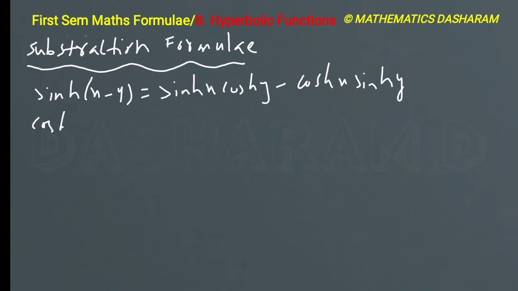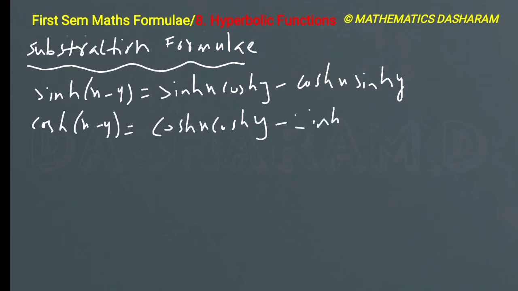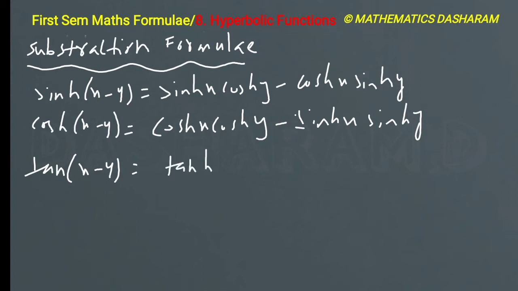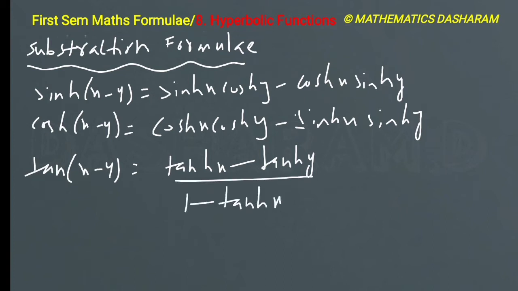Second one is cosh of x minus y equals cosh x into cosh y minus sinh x into sinh y. Next, tanh of x minus y equals tanh x minus tanh y divided by 1 minus tanh x into tanh y.